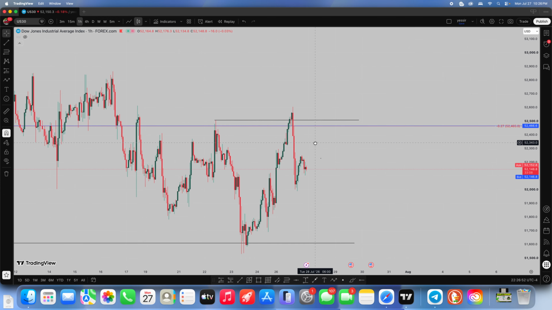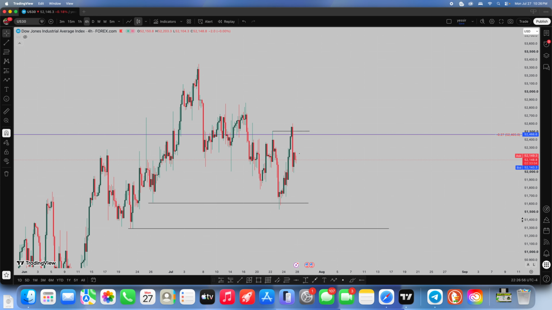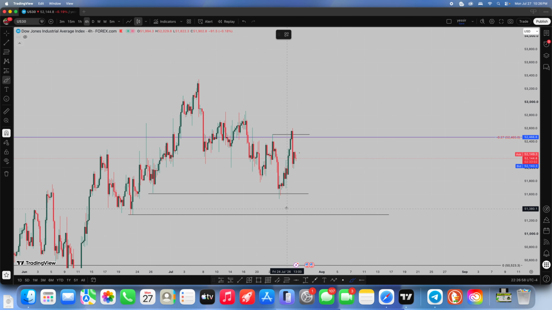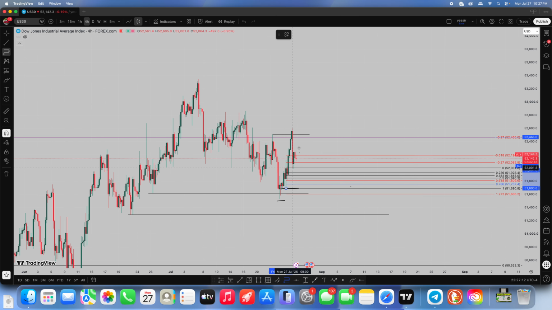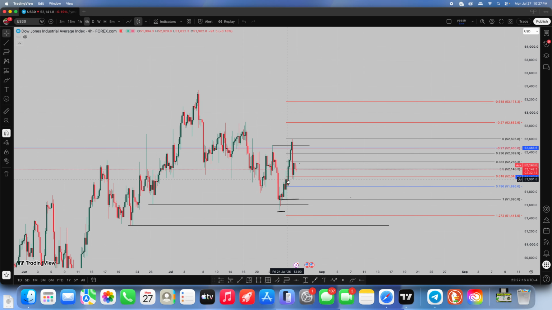And then later in the session, I went back on the 4 hour, and I seen we had a low here and another low here. So I took my fib from this low to high, and I seen we had some support and resistance at the 61.80.